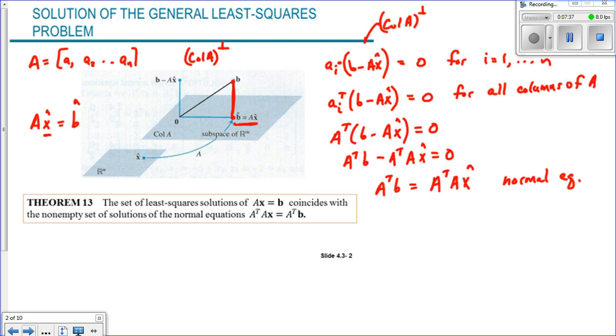So the set of all the least square solutions of Ax equal b coincides with the non-empty set of solutions of these normal equations. So if we're trying to find the x hats so that A x hat is equal to that projection of b onto that subspace, we can get that by solving these normal equations, which will be a lot easier than trying to figure out what that closest solution is and what the x is that makes that projection.